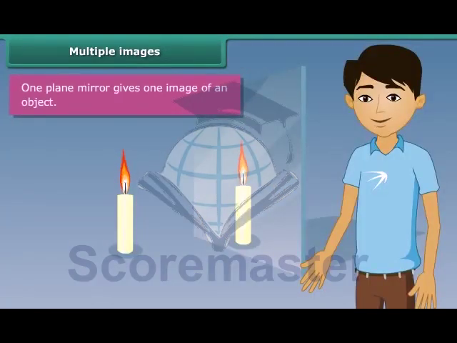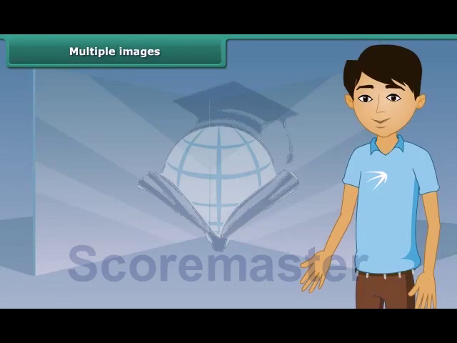One plane mirror gives one image of an object. Can you tell how many images we would obtain with two plane mirrors? Let us perform an activity to know the number of images formed using two plane mirrors. Take two plane mirrors.